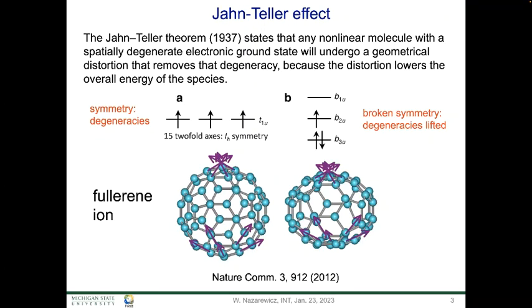So this term in the interaction is called vibronic coupling, which is responsible for the interactions of electrons with the molecule, with the ions, okay? And this interaction in certain cases is so strong that it can give rise to a symmetry broken shape.